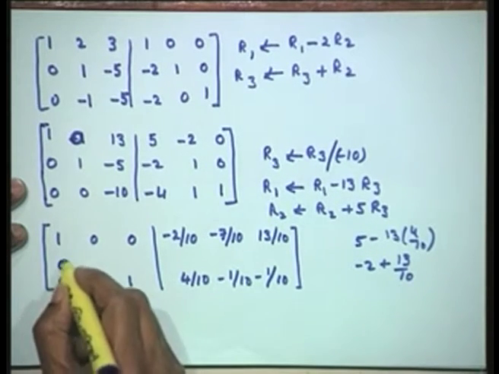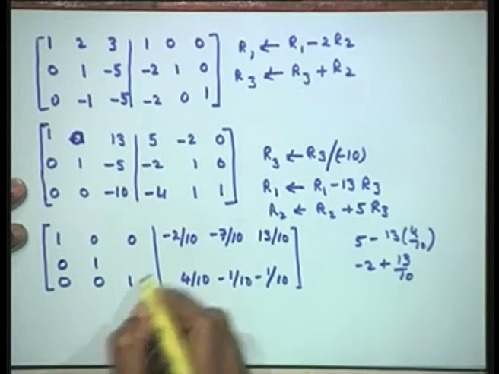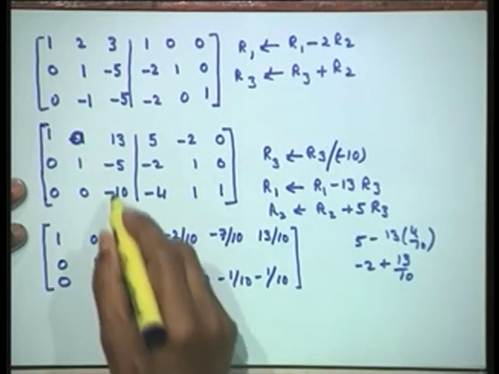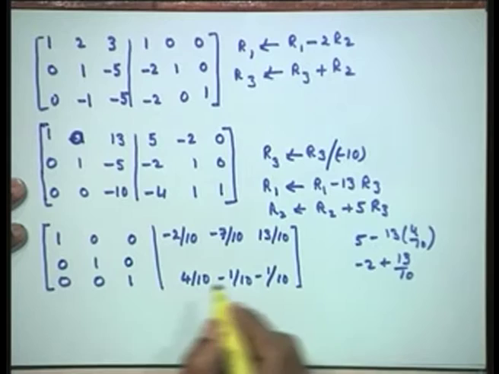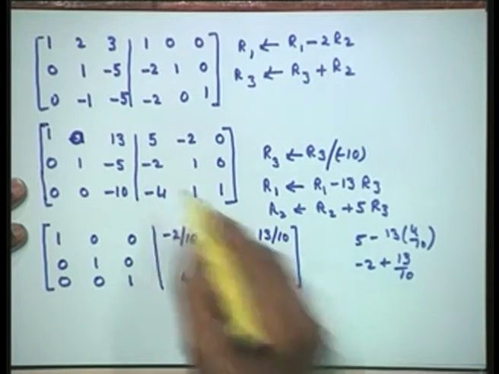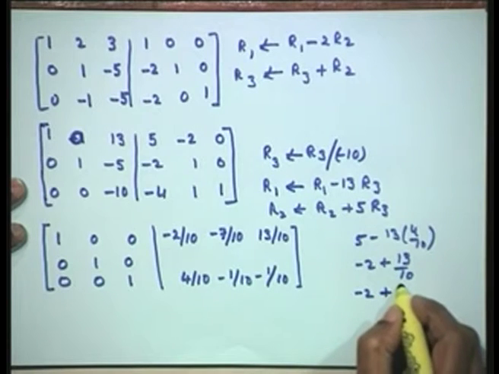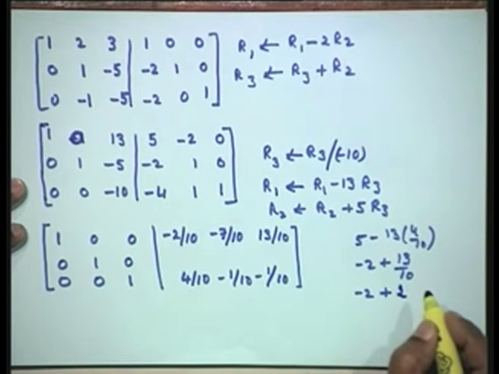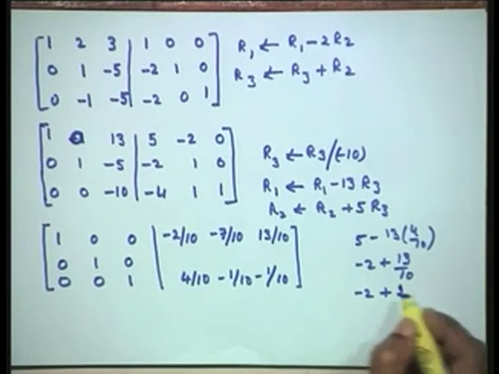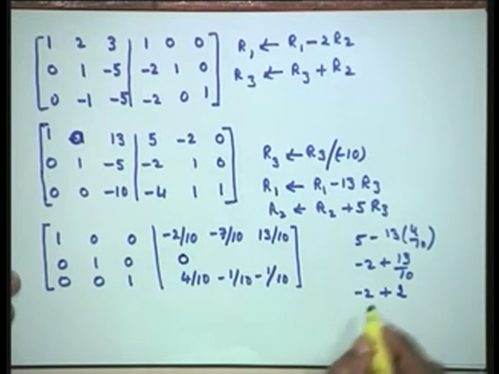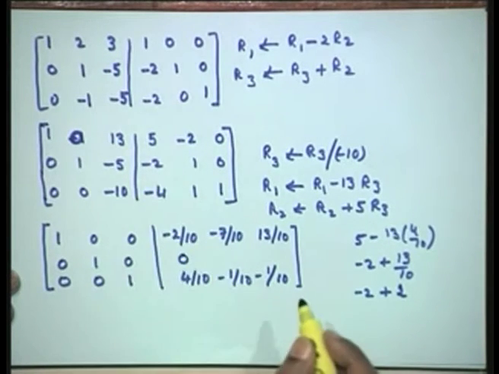Then we go to second row, 0 1, we have 5 times and added to, therefore, this is 0. Now, let us take this element, this was minus 2, 5 times this, that is equal to 2, right, yes, that is equal to 0. So, this element is 0.